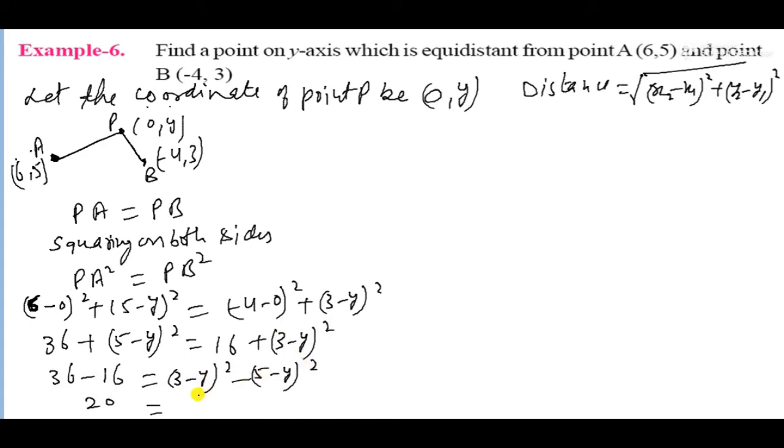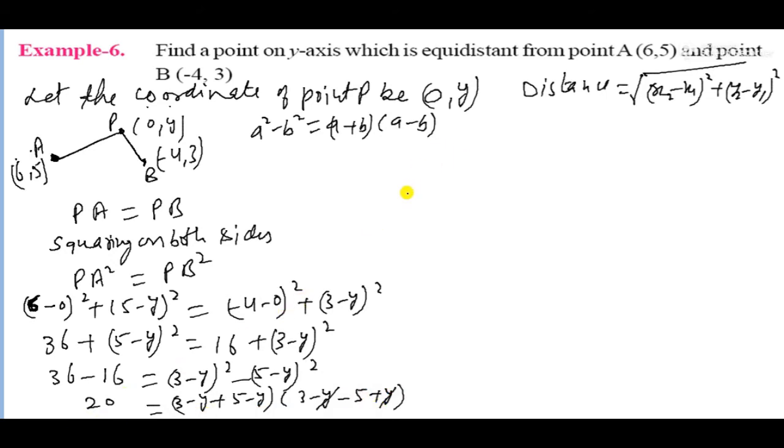And for PB, let us see here minus 4 minus 0, so minus 4 minus 0 whole square, plus 3 minus y whole square. Now it is 36 plus 5 minus y whole square is equal to, what will happen? It is 16 plus 3 minus y whole square.